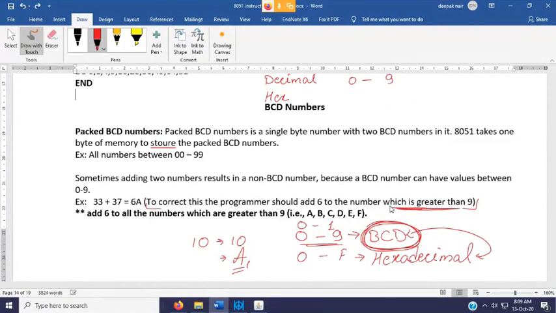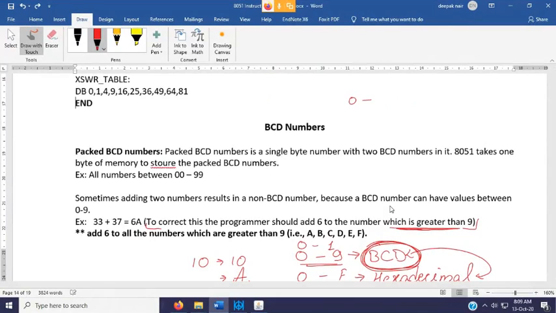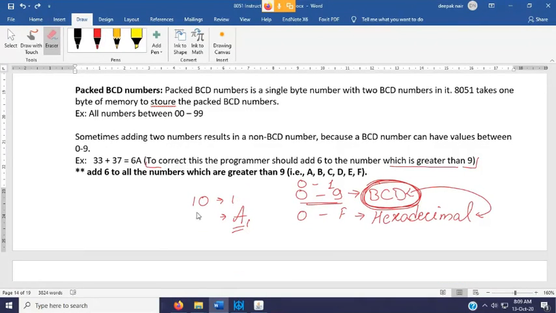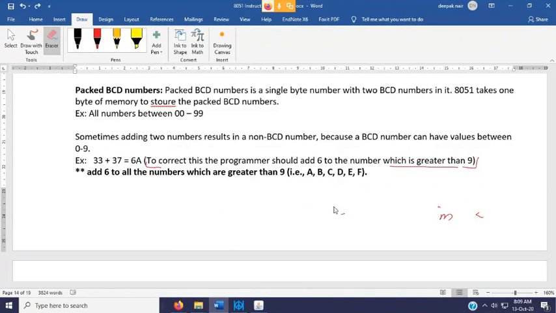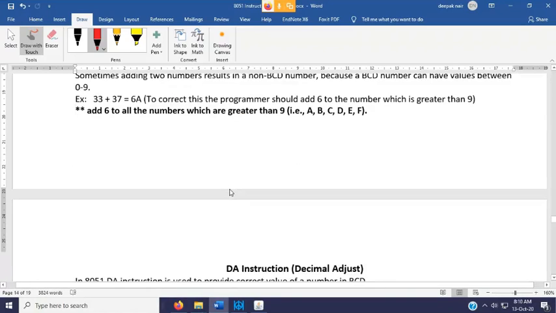He would have to write a program that makes that condition: if the number is greater than 9, then add 6 to that. So is there any alternative way by which the user can directly use some feature of the microcontroller to convert a number to its equivalent BCD number?